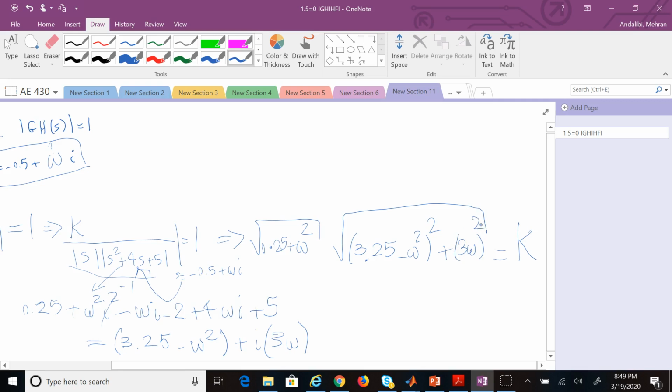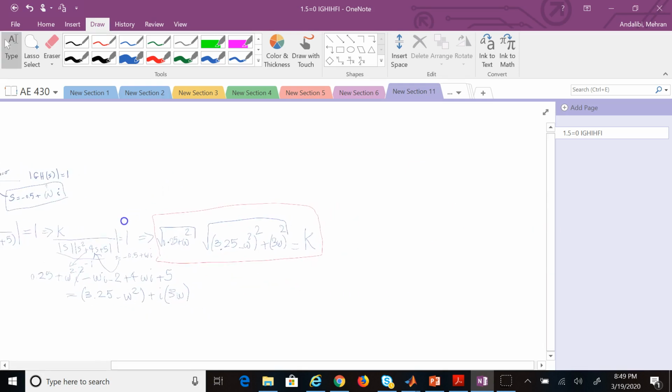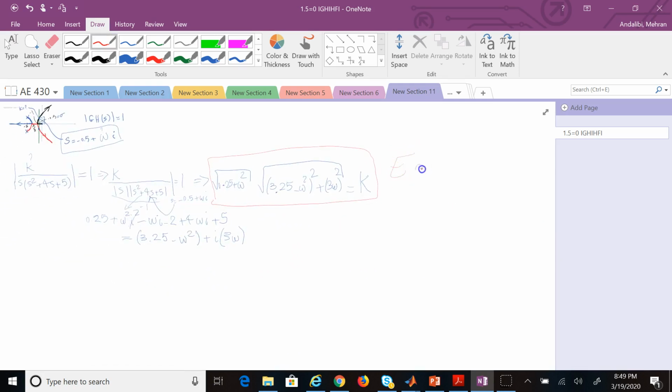So if we do that, now this is our first equation. This is what I call equation number 1. Again, if I knew omega, it was enough to just plug omega into this equation, and that would give me k at that location. But I don't know omega, so I have to resort to the second equation I have.